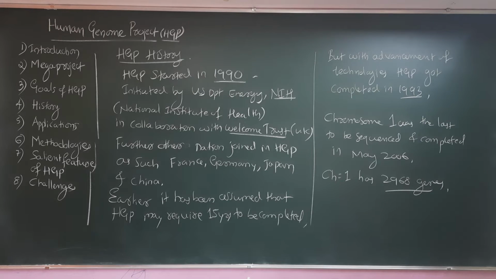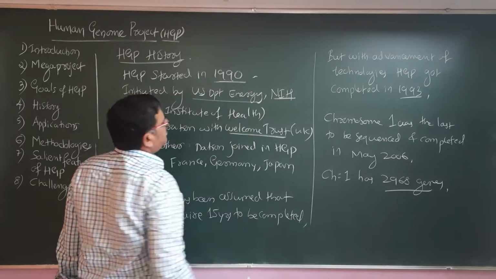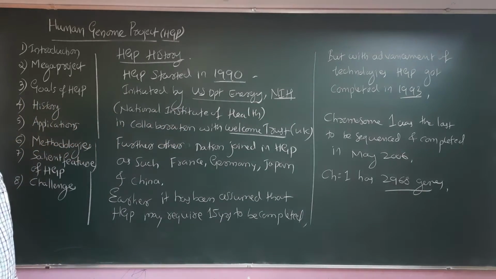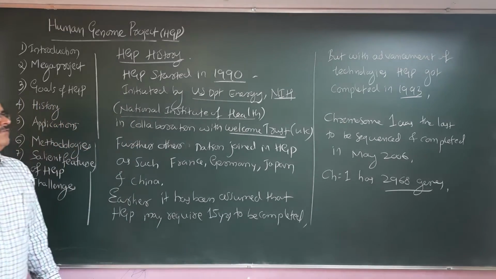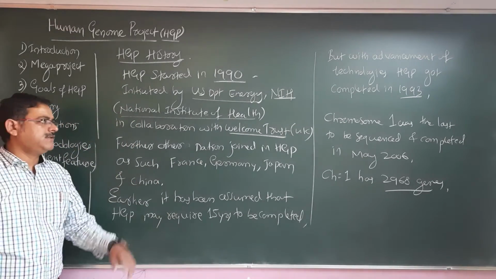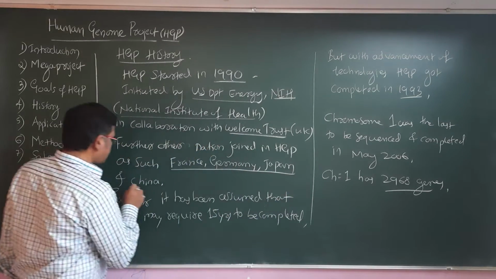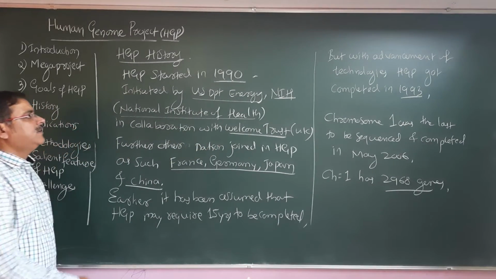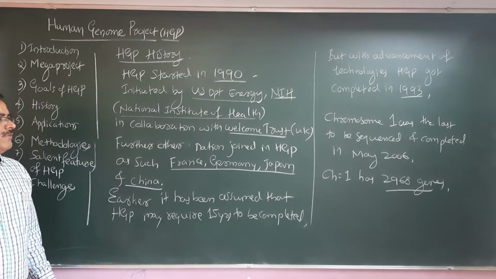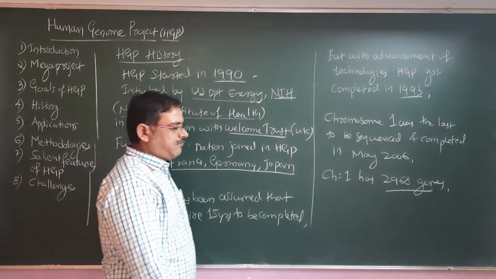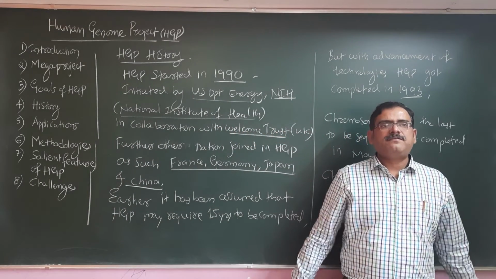So it started in 1990, initiated by the United States Department of Energy and National Institute of Health, in collaboration with the Wellcome Trust of the United Kingdom, and other nations such as France, Germany, Japan as well as China also joined. All of them distributed the work. There are 46 chromosomes, but one set of chromosomes is enough to sequence.